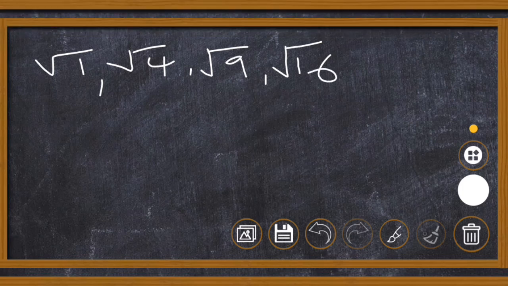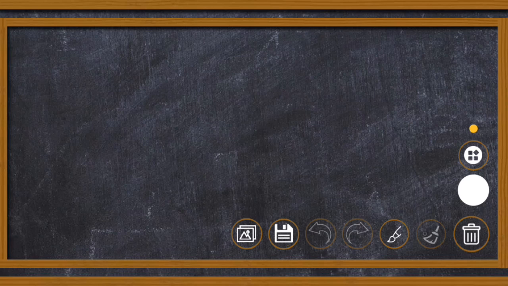All these are classified as what? Rational numbers. So there are 3 types: the decimal number, the fraction, and also the square roots of perfect squares. So make sure that we understand this.